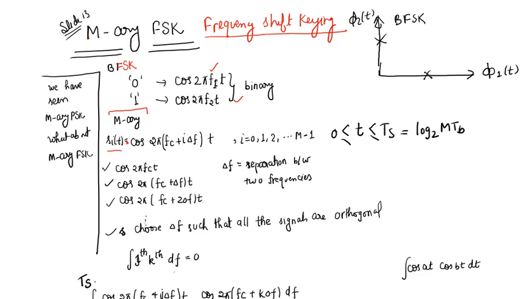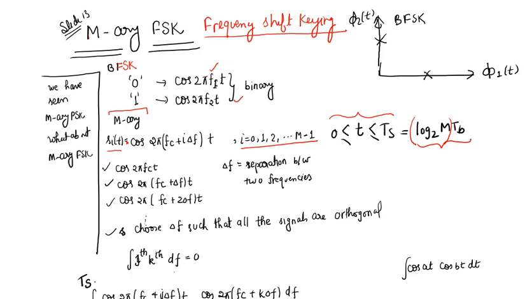So i would vary from 0 to M minus 1, and the time duration over which this FSK signal will be available, or the communication time, will be n times TB, where n is log 2 M, because each signal carries n number of bits.